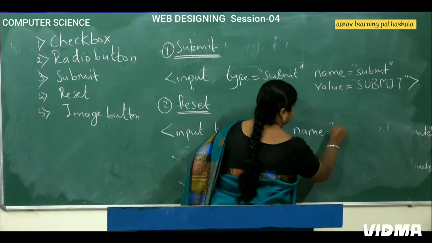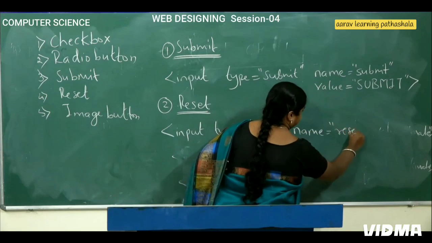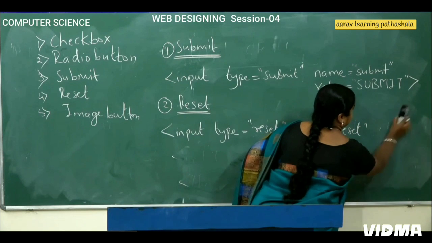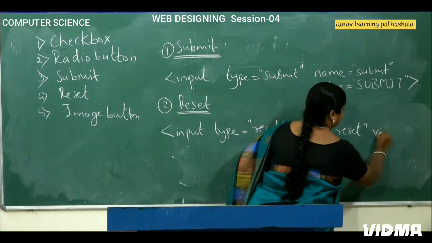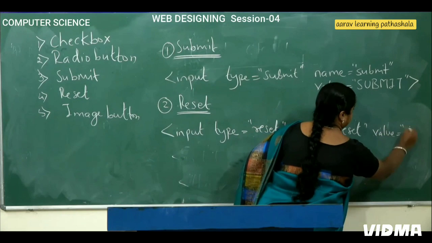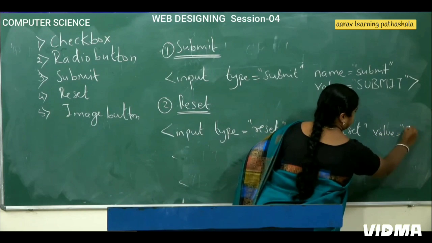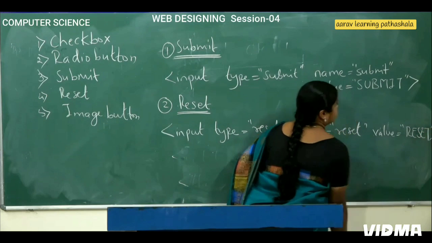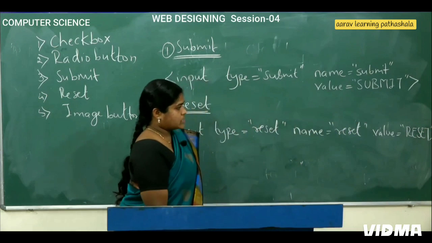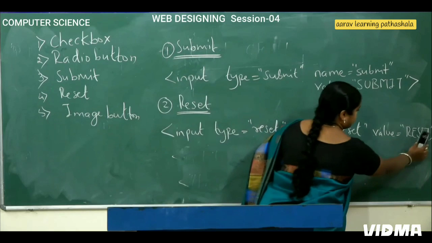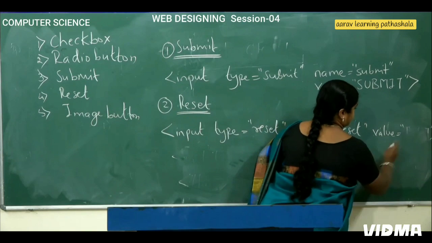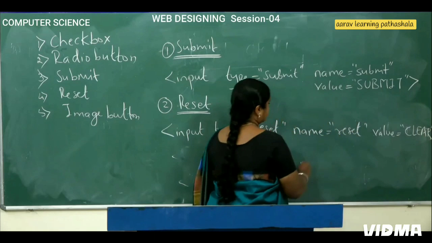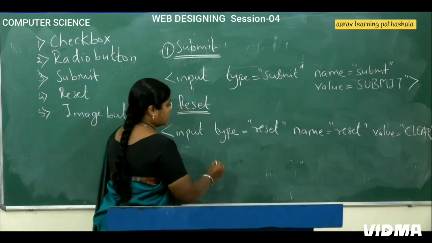In the same way, give the name to that particular button, and then finally value. Value is equal to, suppose I say reset, and tag complete. Now suppose here I have written it as clear. So in this case, what will be the output of this particular button?